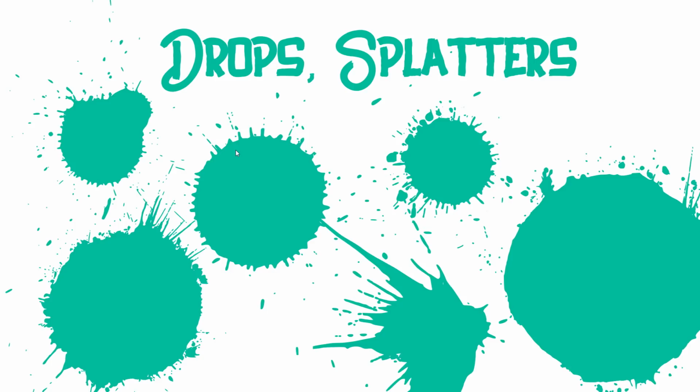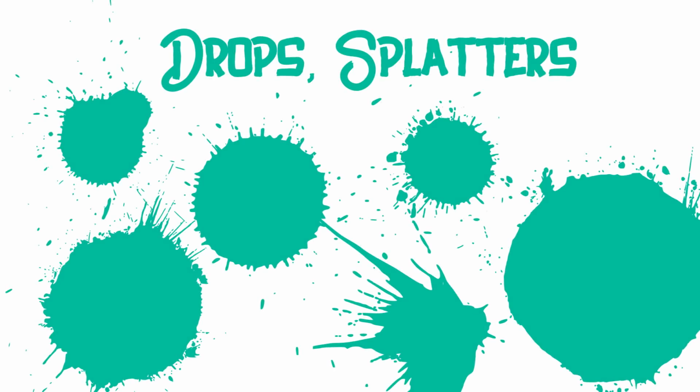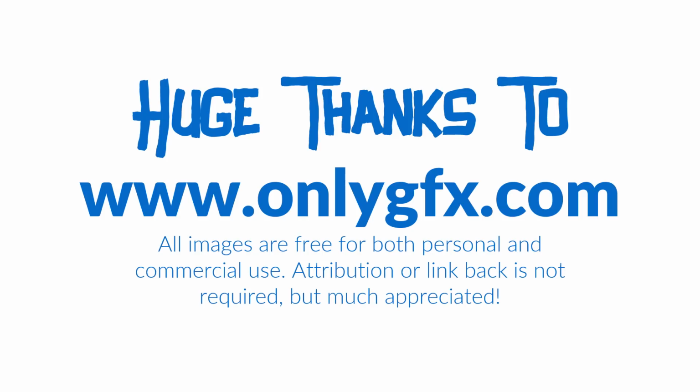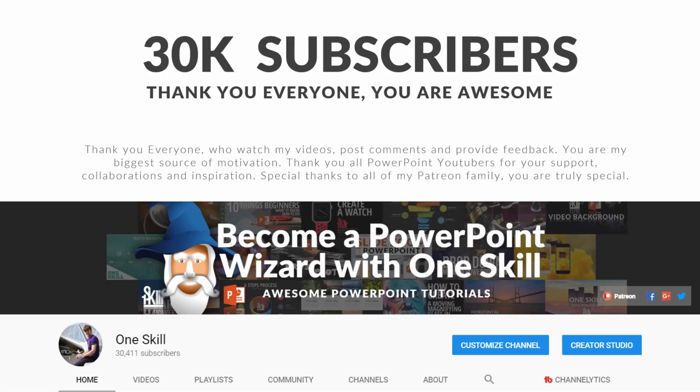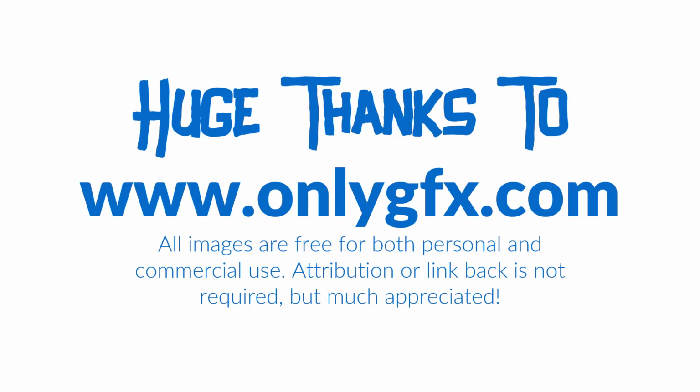If you're interested in this technical stuff, how to convert a PNG image to an object that you can edit in PowerPoint, I will quickly explain this at the end of this video, so we don't get into the technical details now. And for now, let me show you how you can use these brushes and drops in real life situations.